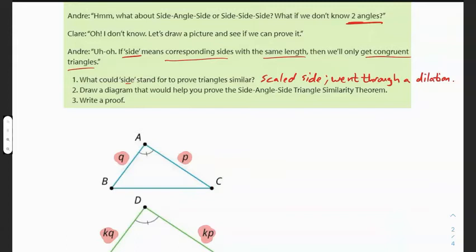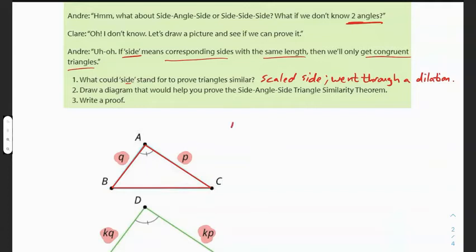And now we got to write a proof. So this is going to have to come down to getting A, B, C here to map onto the other triangle, right?